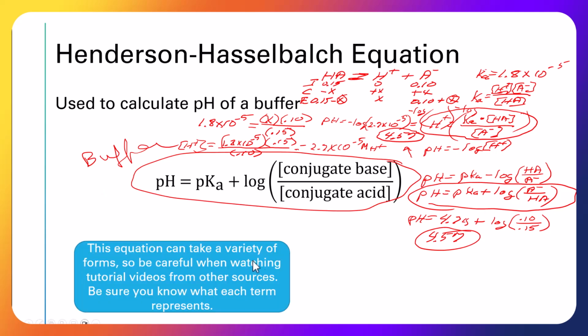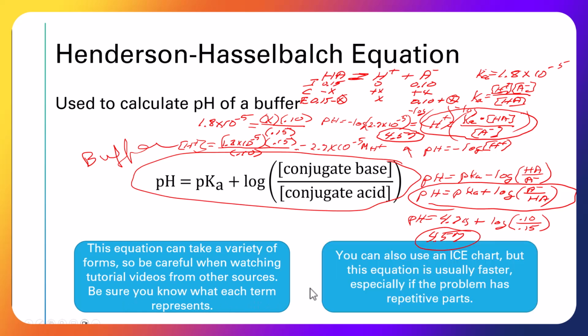So this equation can take a variety of forms, so be careful when watching tutorial videos from other sources. Be sure you know what each term represents. And you can also use an ice chart, but this equation is usually faster, especially if the problem has repetitive parts. So there we go.